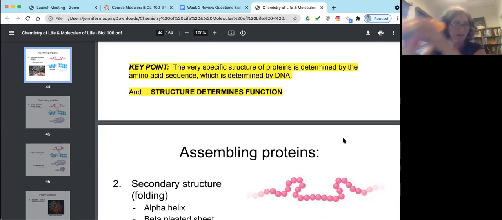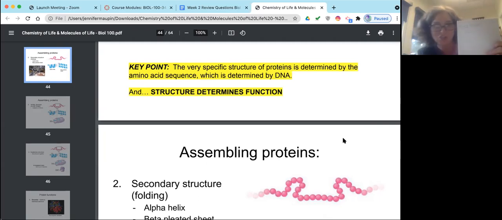I can't do it with these toys, but you've got this chain that looks like this, right? Just one chain, but it's going to start bending or folding in a certain way. So the secondary structure is a predictable folding pattern that forms these things called alpha helices or beta pleated sheets.